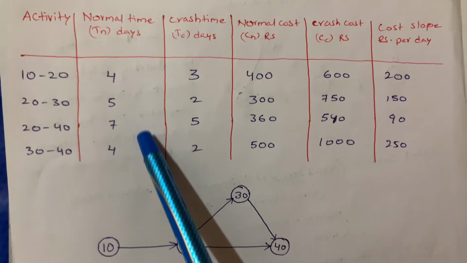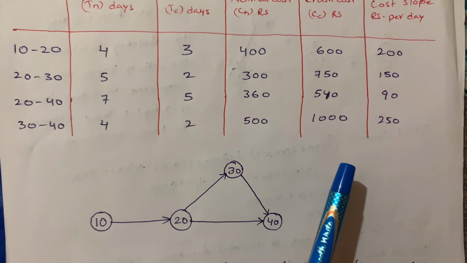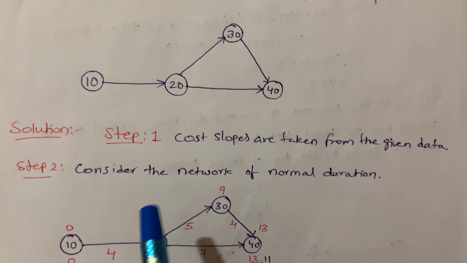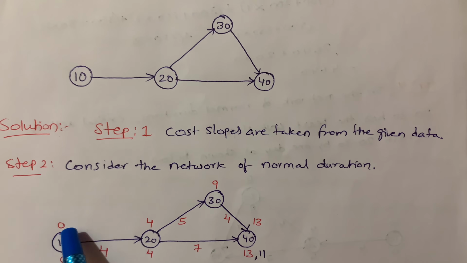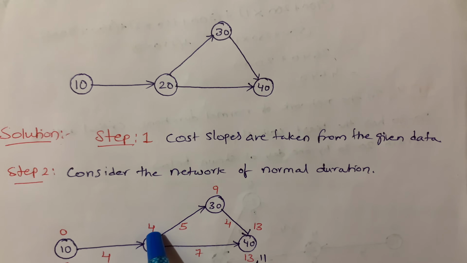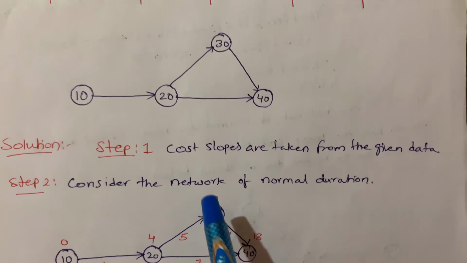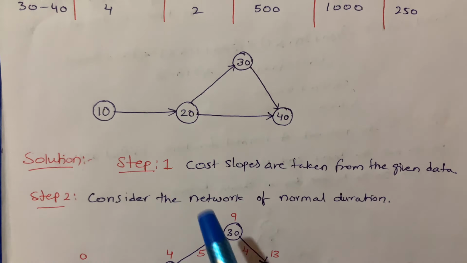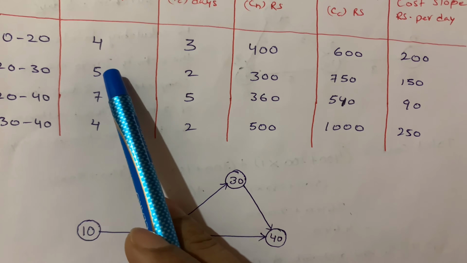I am taking normal duration. The 10 to 20 activity takes 4 days, so I wrote 4 here. It starts from the 0th day, so 0 plus 4, 4. Next, 20 to 30 is 5 days. To complete this activity 20 to 30 we need 5 days.